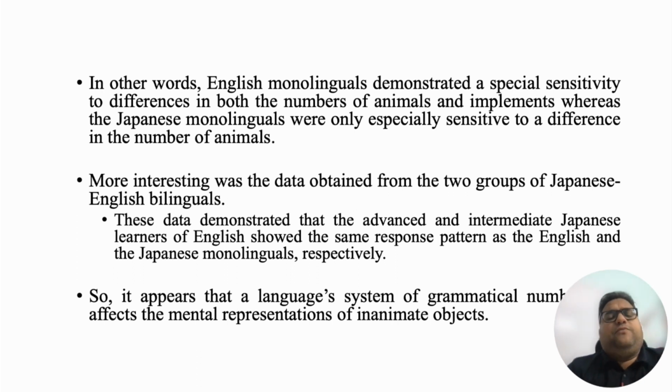So in a sense, the way languages carve out our real world, whether it is in terms of number markings or in terms of gender markings, it has some influence in the way we are looking at the world and classifying the world. And this is very interesting because you can see that it still follows the weaker version of the linguistic determinism hypothesis, which we refer to as the linguistic relativity hypothesis.